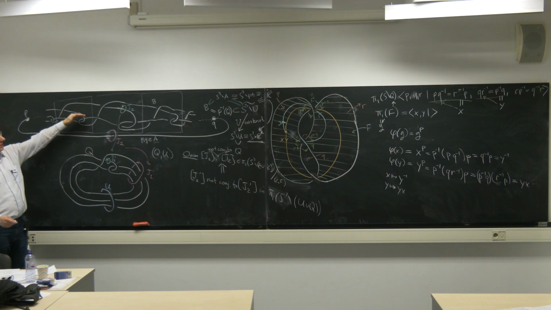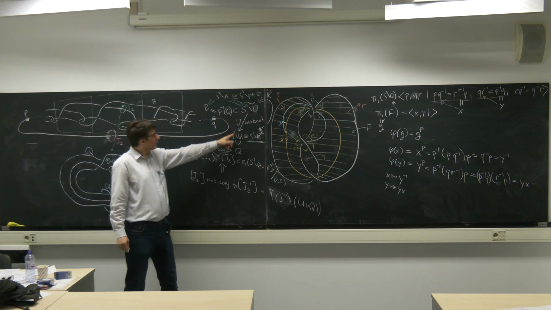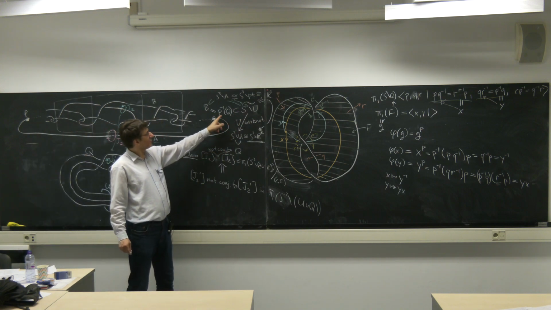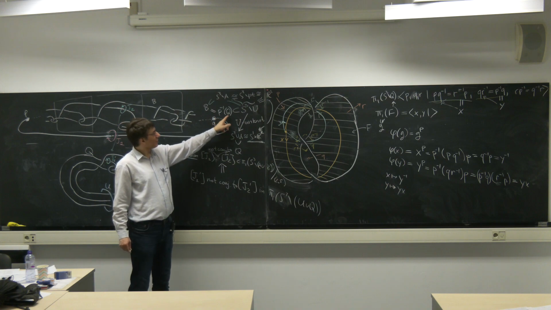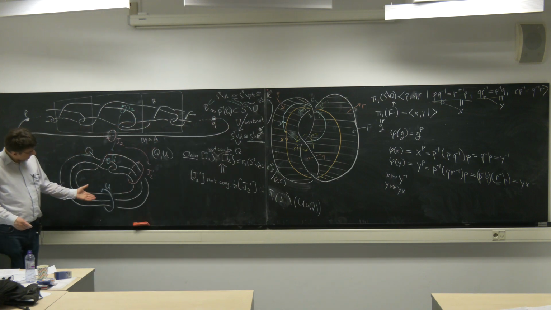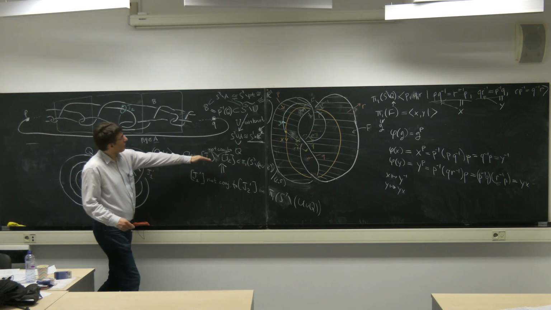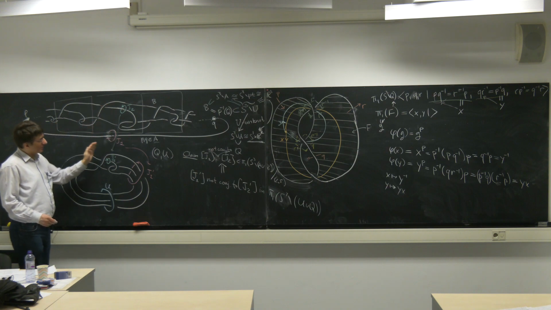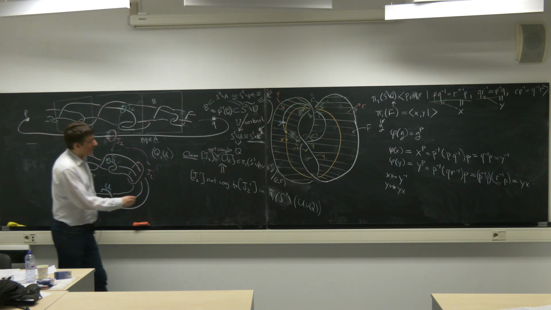We actually have a map from this complement to this complement, which is this infinite cyclic cover restricted to the complement of this preimage. So if they were conjugate here, then of course their images would be conjugate.